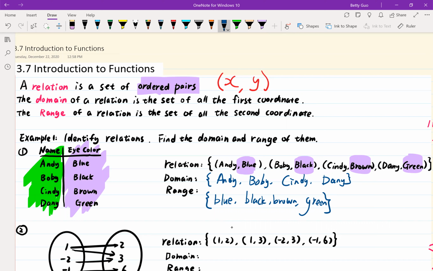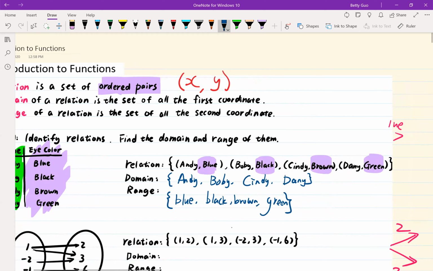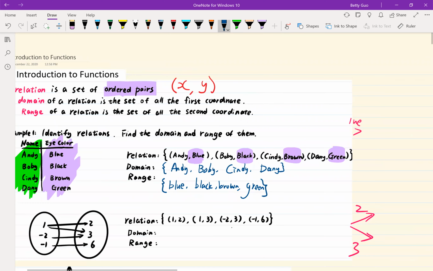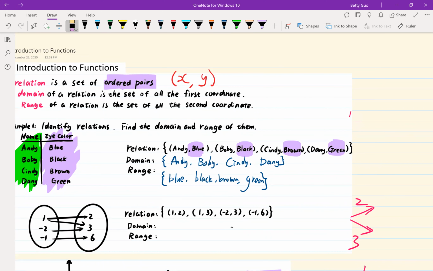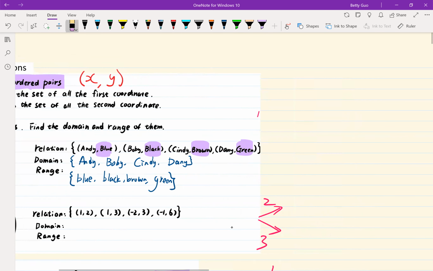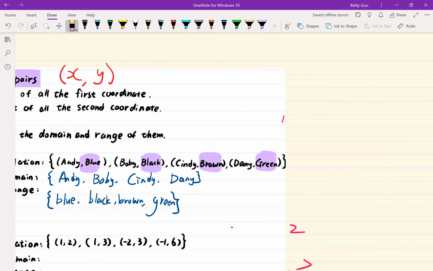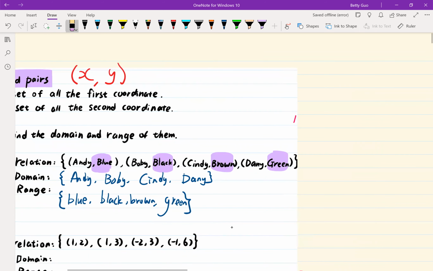Now I'm going to describe this relation in a different way. I hope you pay attention. We can describe or see this relation as a machine. Try to make sense of it.